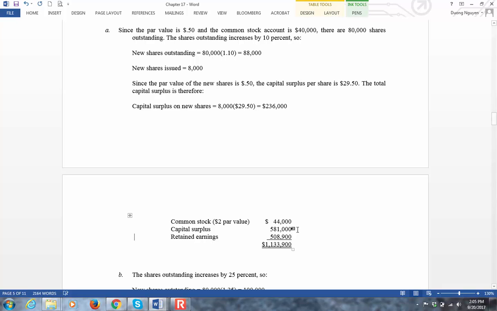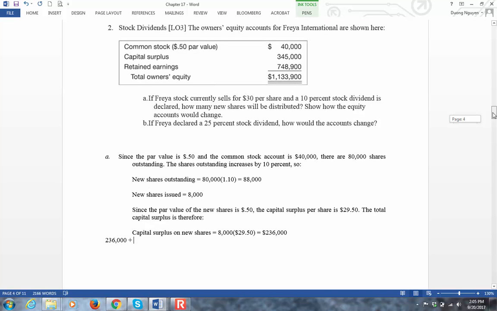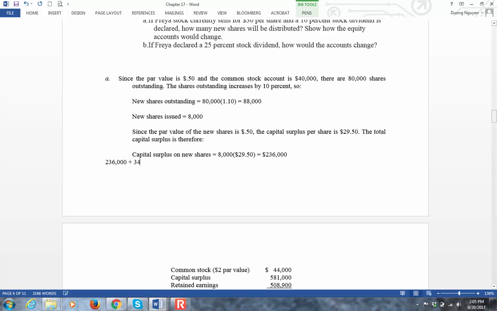So the new capital surplus account would be equal to 236,000, that is the new capital surplus on the new shares, plus the current capital surplus, which is 345,000, and the answer is equal to 581,000. Okay, so the answer is right here.